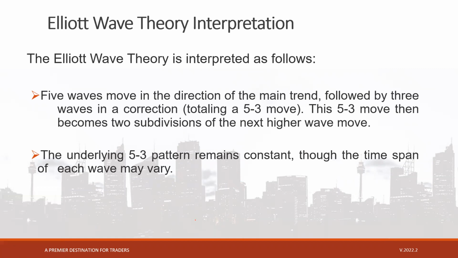Now, what he deduced is that in a bullish trend, right, if the market is really interested in going up, it will go up in 5 waves. So a 5-wave motion. So wave 1, wave 2, wave 3, wave 4, and wave 5.